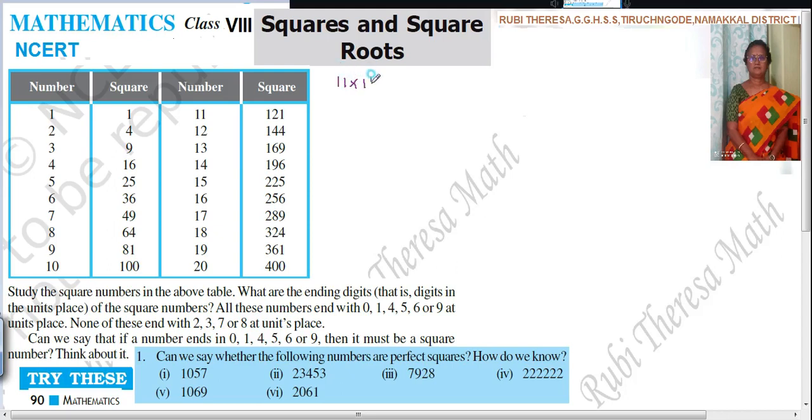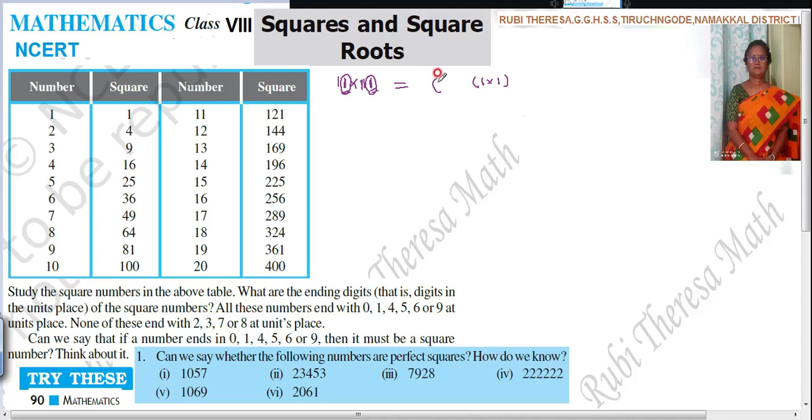11 into 11. Just you take the unit place alone. Here what is the number in unit place? 1. Here what is the number in unit place? 1. Since you are squaring, the same number you will get in the unit place, and also in tens place, isn't it? So first you multiply the two numbers in unit place: 1 into 1.